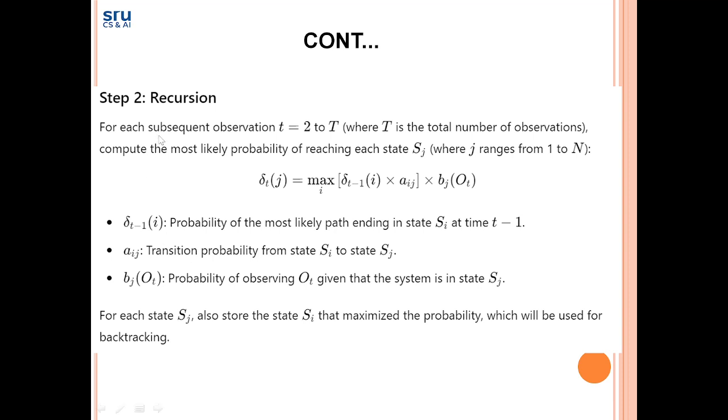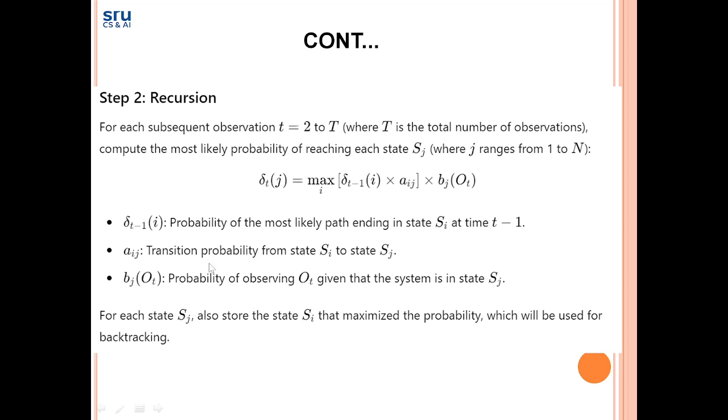Then recursion: for each subsequent observation, t equal to 2 to T, where T is the total number of observations, compute the most likely probability of reaching each state j, where j ranges from 1 to N. This is delta t of j equals max over i of delta t minus 1 of i times alpha ij times bj of Ot, where delta t minus 1 of i is the probability of the most likely path ending in state Si at time t minus 1.